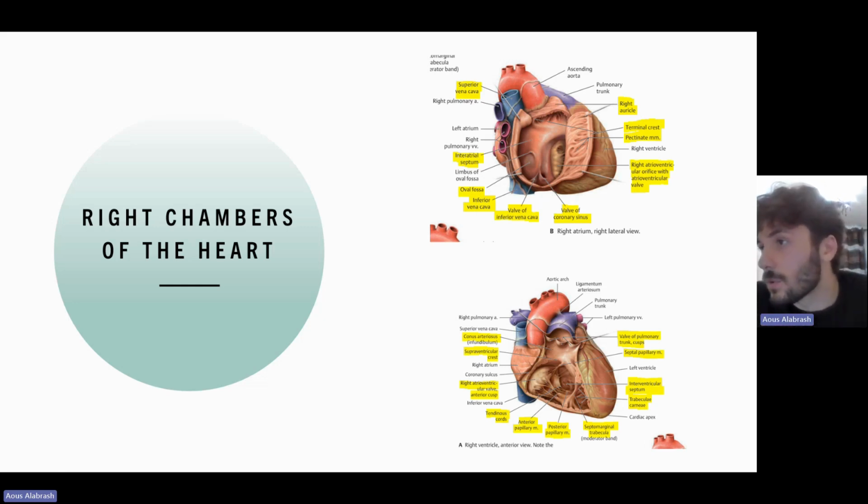Although it doesn't show over here, there's a triangle known as Koch's triangle. What forms the triangle is the inferior vena cava, or you can also say the tendon of Todaro, but for now let's stick to the inferior vena cava to make things simpler.